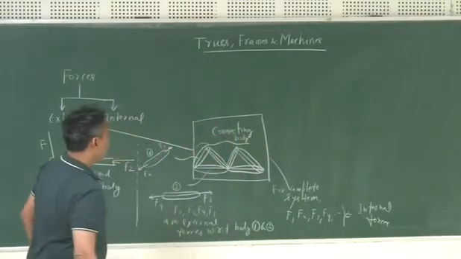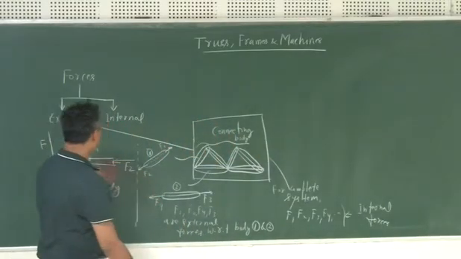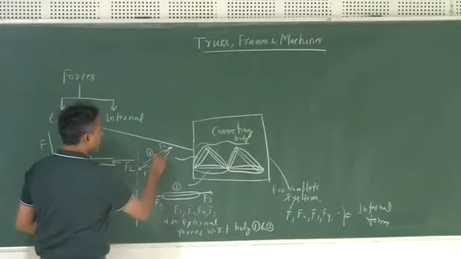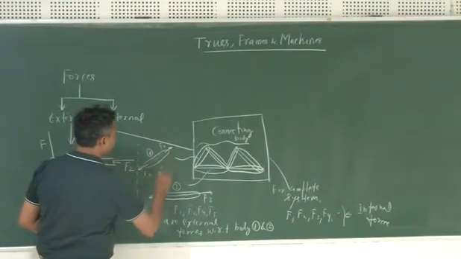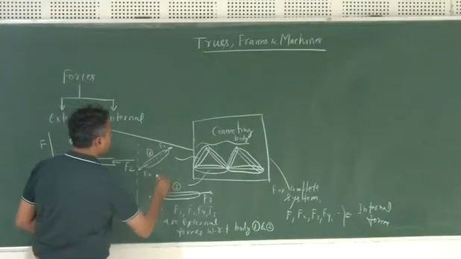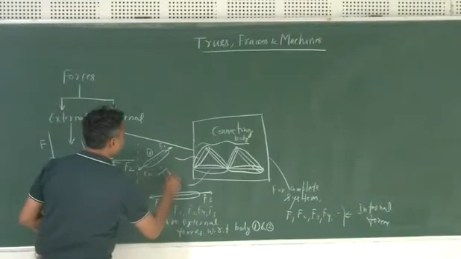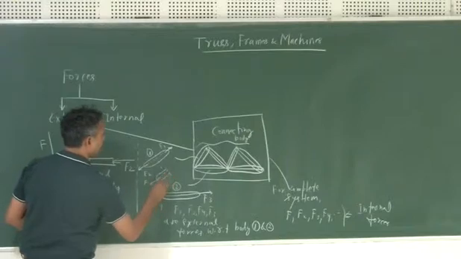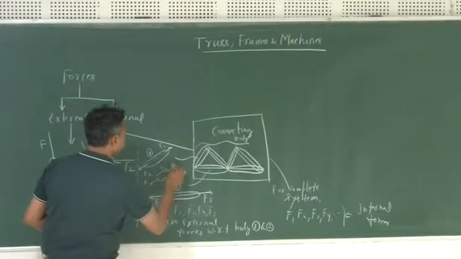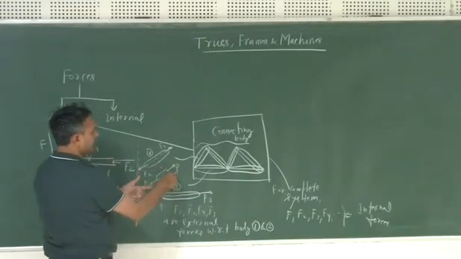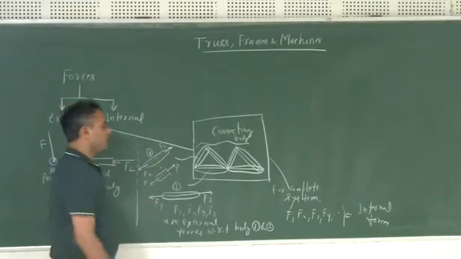In a similar way, even for one complete member, you can ask what the internal forces are. If you just try to see what force exists at a section, for example like this, let us say there is some force P. In this case, you can call P the internal force and F the external.